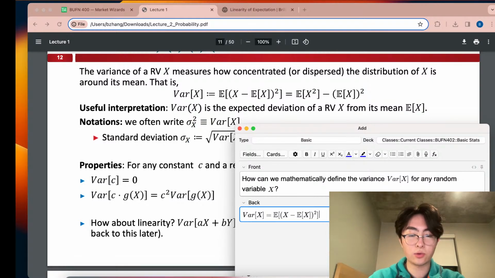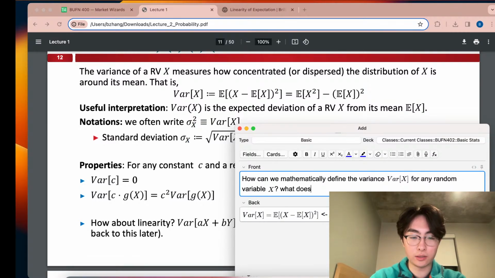So this apparently turns out to this. How can we put this to words?